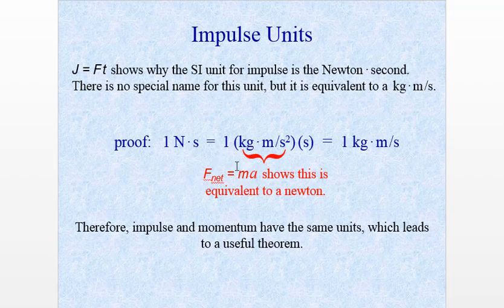As you know, kilogram meter per second squared is equal to a Newton, by Newton's law, F net equals m times a, where a is acceleration. Therefore, impulse and momentum have the same unit, which leads to a useful theorem.